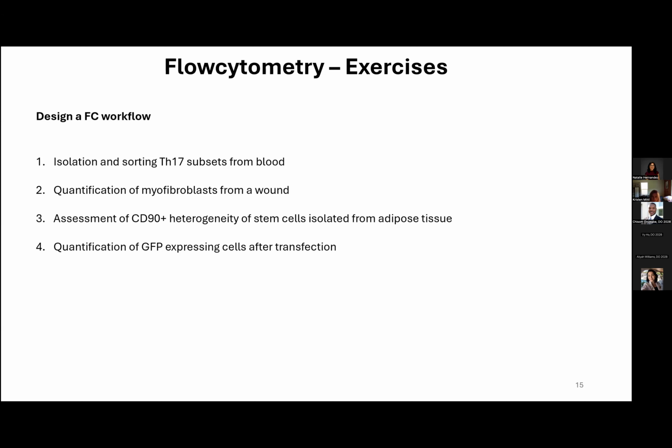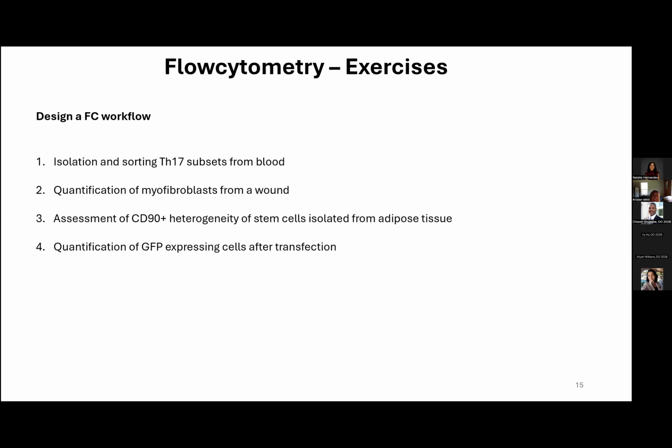Then we will fix and permeabilize the cells. We will use a fluorochrome tagged antibody that will go inside and bind the cytoplasmic protein. We will do the flow cytometry, and based on the fluorescence, we will quantify the cells and do the analysis. Yes, that's the workflow. You are right. Okay, Kristen, you are next.